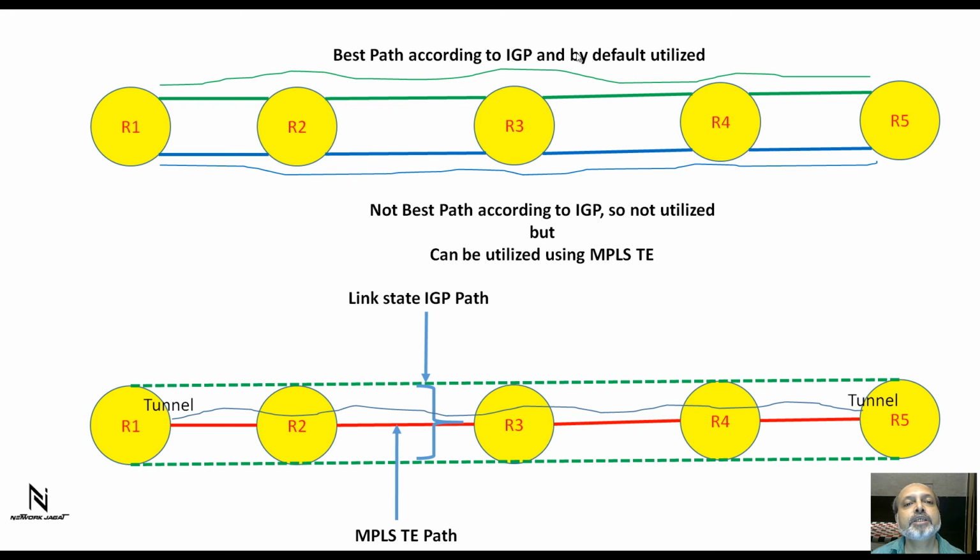But if both these are MPLS TE paths, in that case, you can achieve an unequal cost load sharing if you have specified their specific costs by using that auto route method. Is it okay?